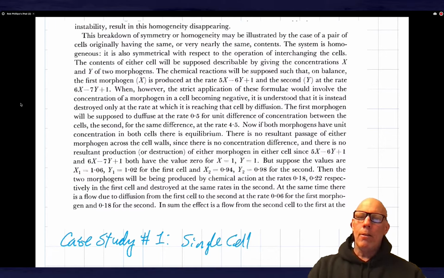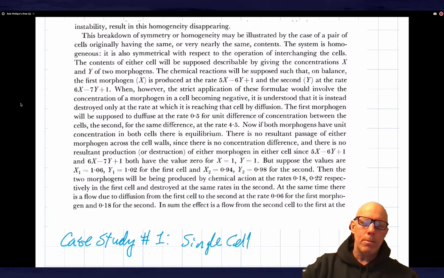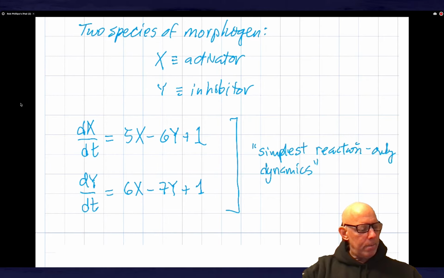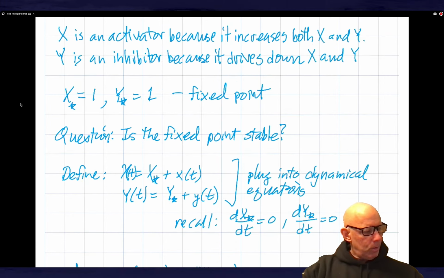If I add dx by dt plus dy by dt, I don't get 0. So x plus y is not a constant. And so what Turing is saying is, by accident, in this artificial system, we could end up with negative concentrations. Okay, so this is our simple system, and let me actually now do a little bit of analysis of this thing.